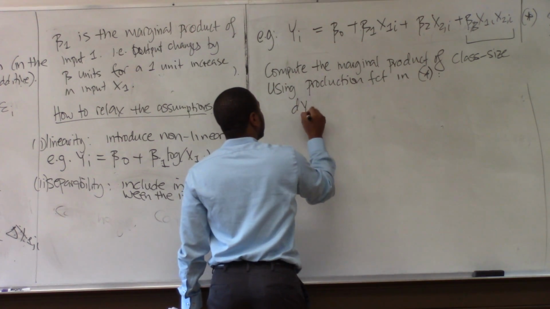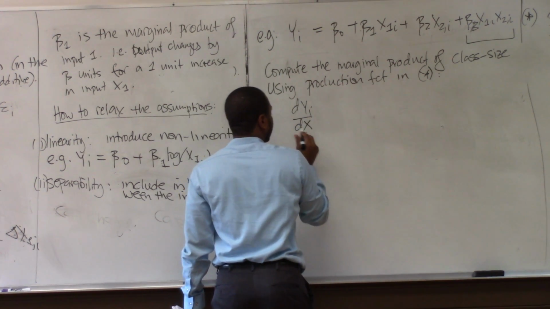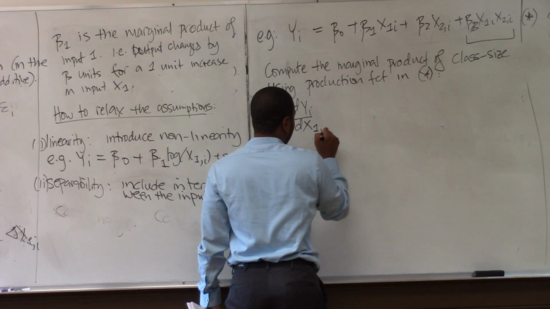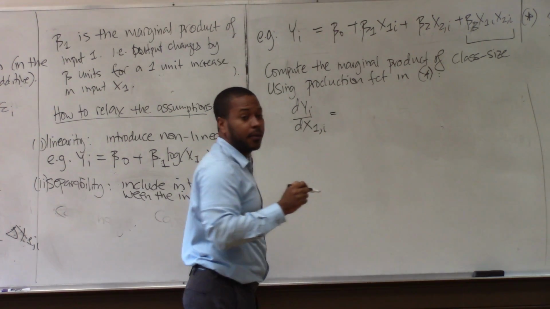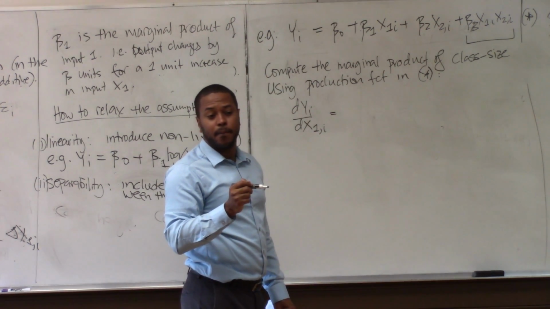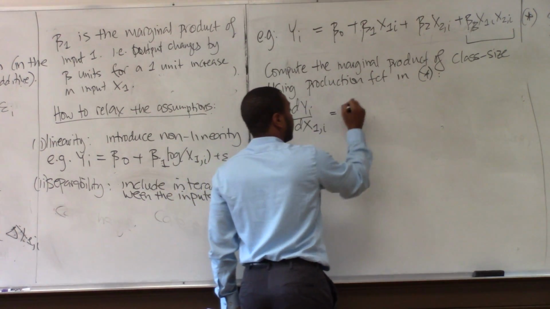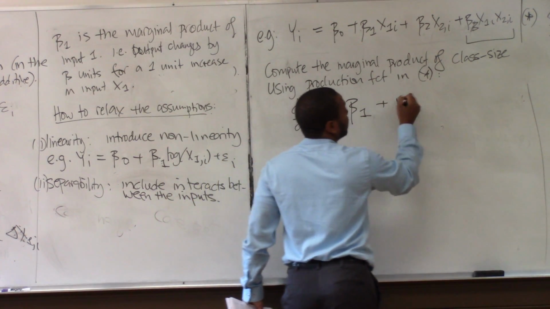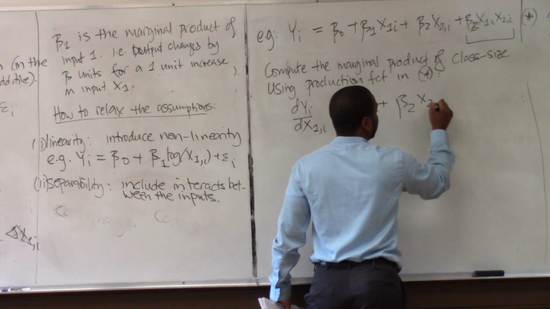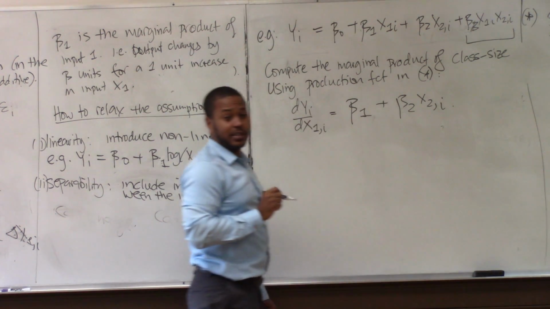So when we do dyi over dx1i, what is that equal to? Beta 1 plus beta 3 times x2i. Does that make sense?